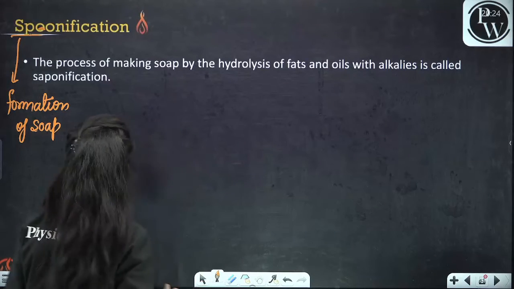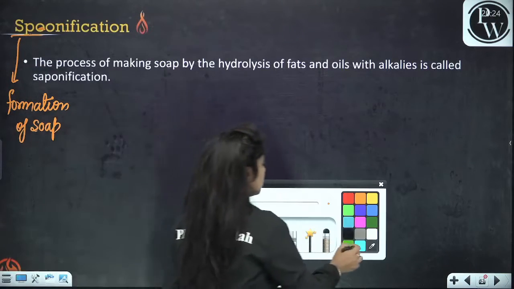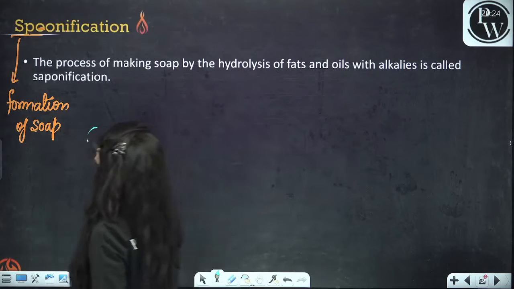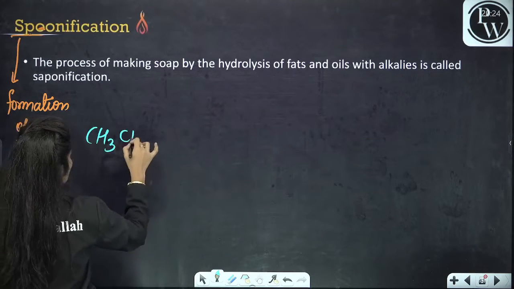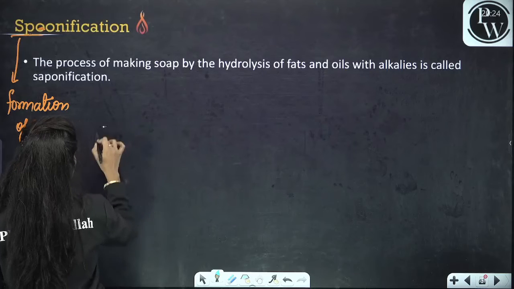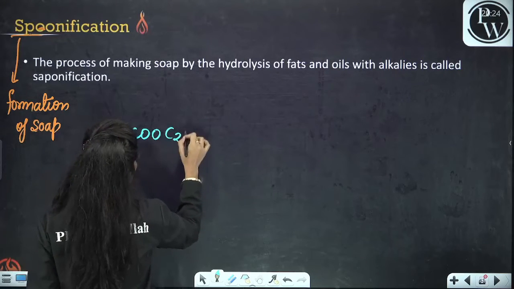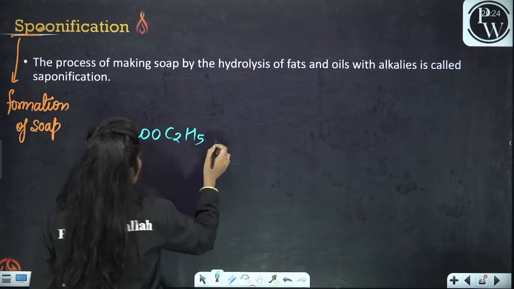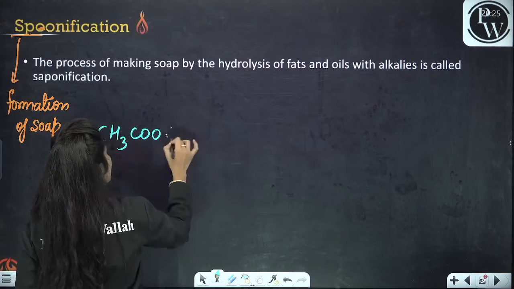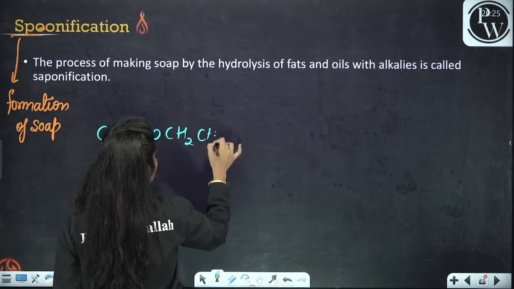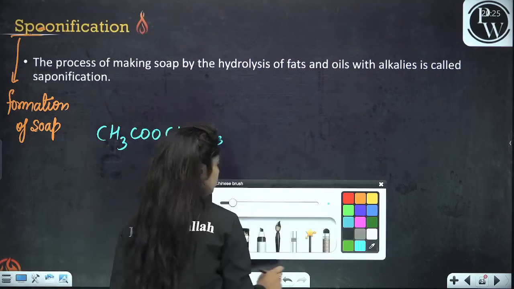What was that product? It was CH3COOC2H5. Or you can also write it like CH3COOCH2CH3. Done? Otherwise, you will get confused.